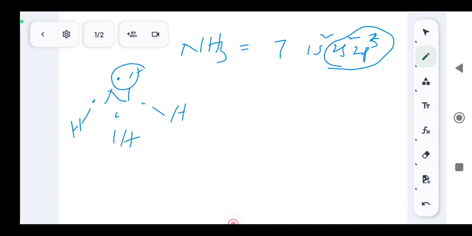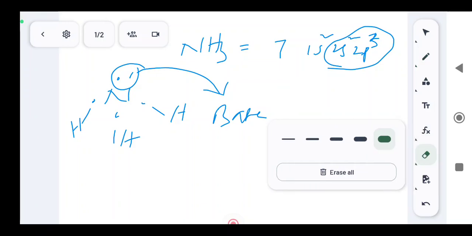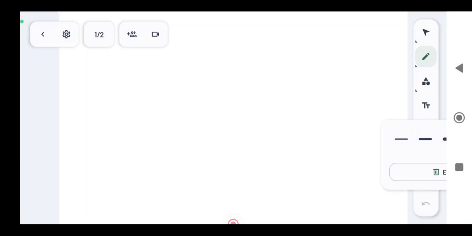So this pair of electrons can be donated to other molecules or ions. That's why this is a base.